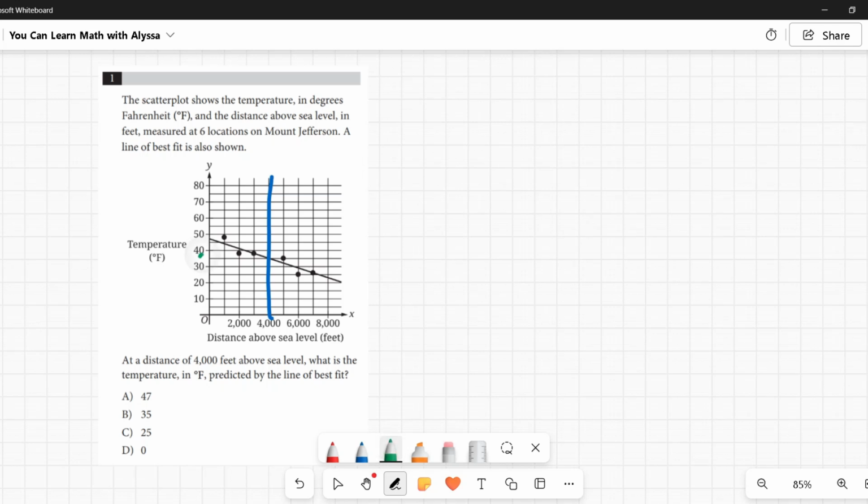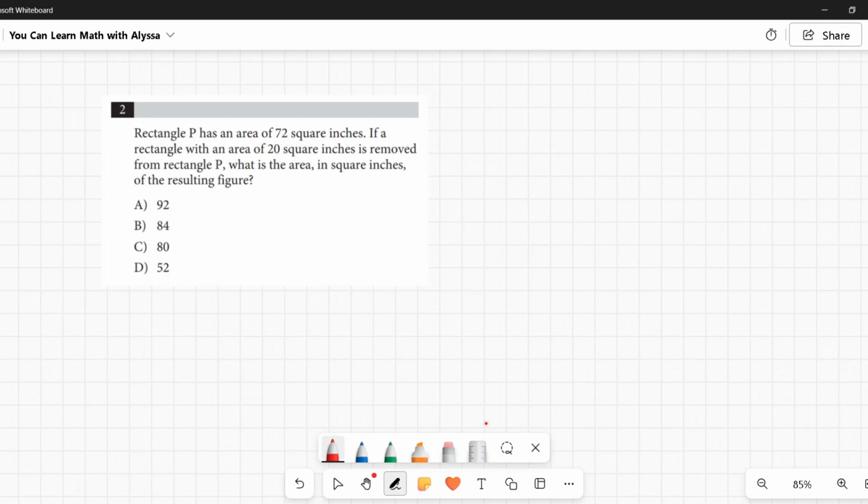So we just look for where it's hitting, what that Y value is. And it looks like it's crossing right there at 35 degrees is where that line of best fit is at 4,000. And that is B. My answer is 35.